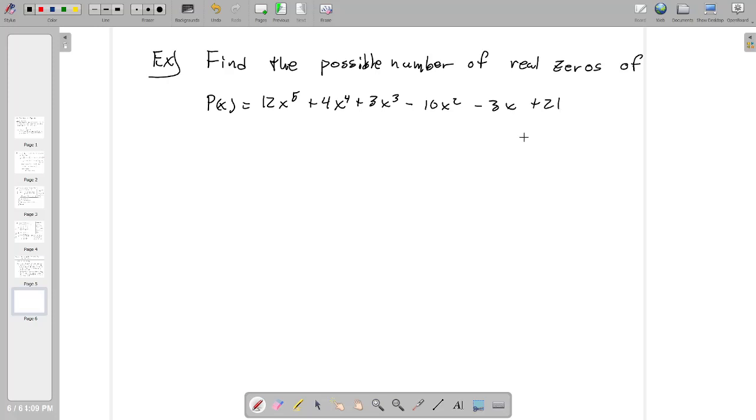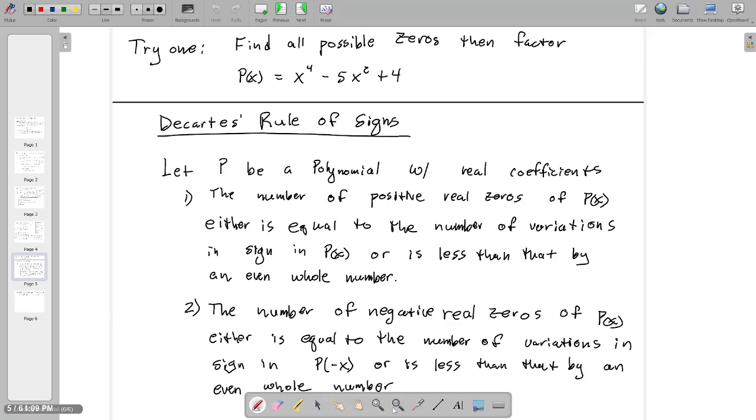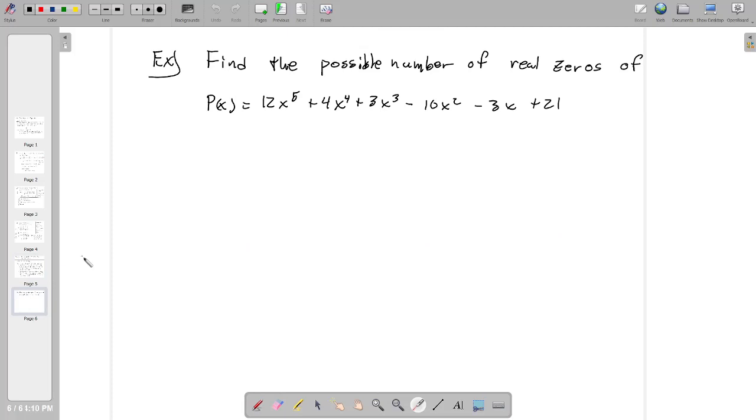Now when we look back at the Descartes' Rule of Signs, when they say the number of variations in sign in P of x, what they mean is the number of sign changes from term to term. So we have x to the 5th. You write it in descending order of degree. So power of 5, power of 4, power of 3, power of 2, power of 1, power of 0, of course. And then we go term by term and we look at the number of sign changes.